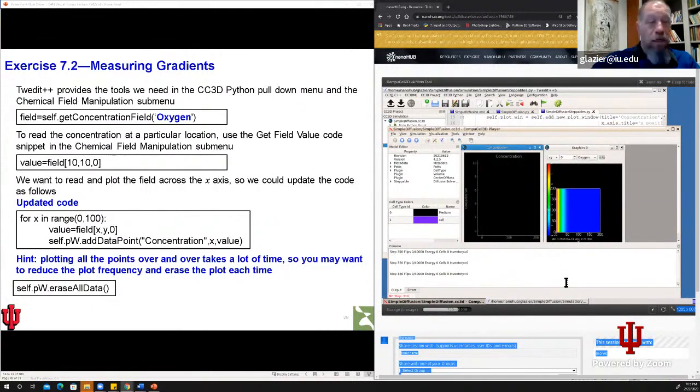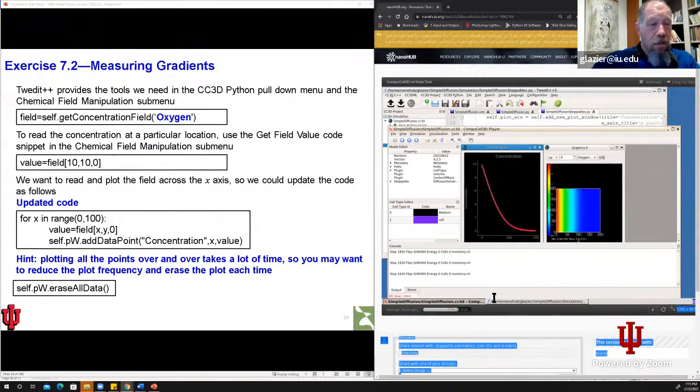Not so pretty, it's blinking a bit. And now you could see the line moving up gradually as the chemical diffuses. I think if you do this on your screens, it should be smoother. I'm actually surprised that it's blinking.